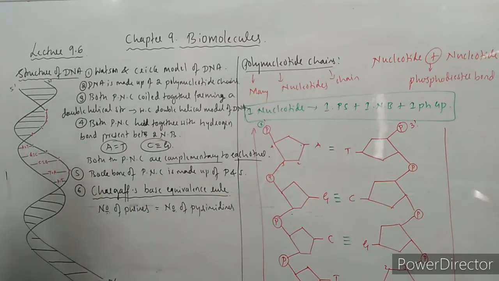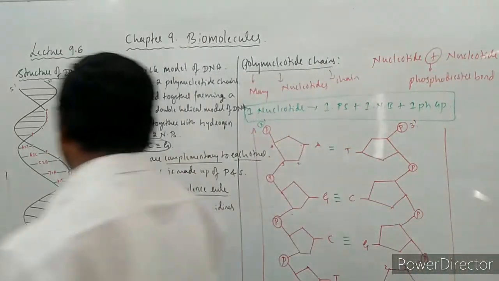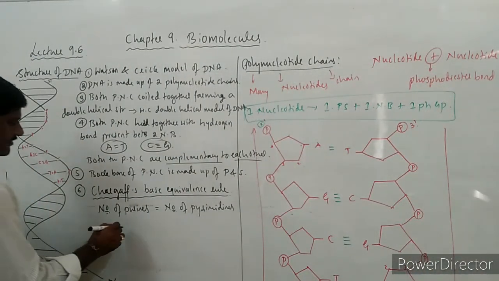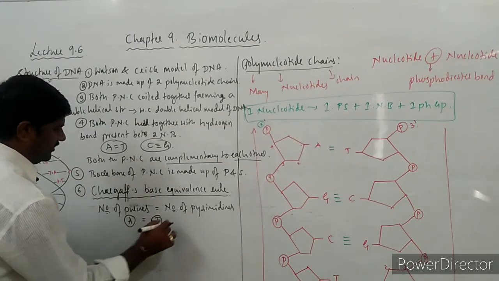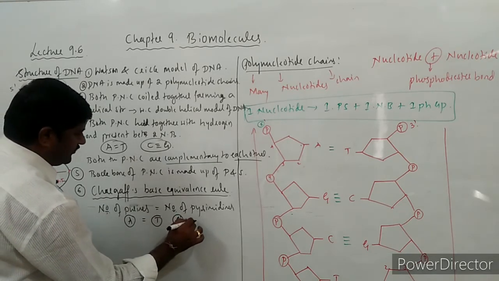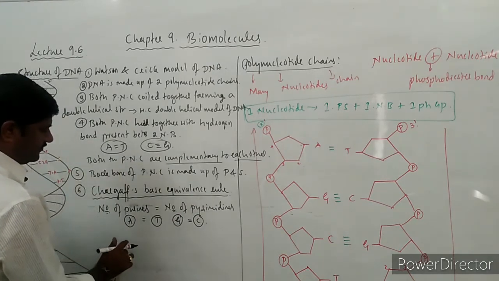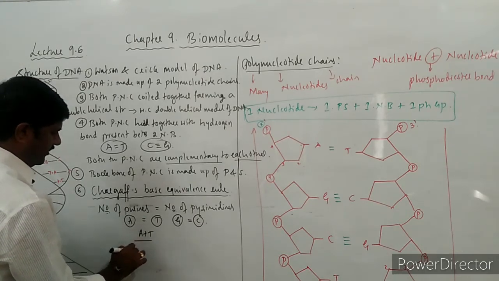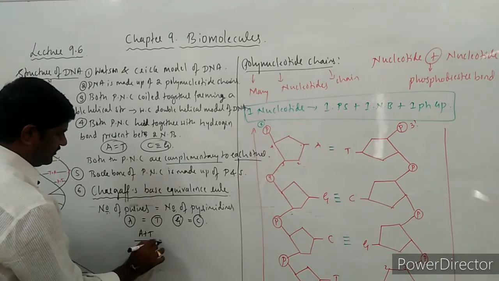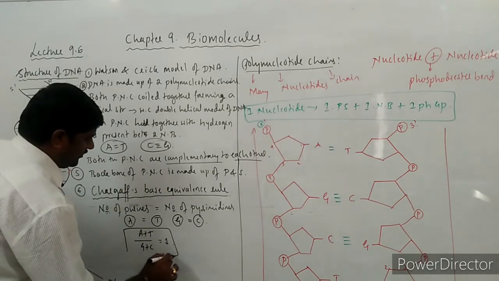This is the fact he stated. It means the number of A's is always equivalent to the number of T's, and the number of G's is always equivalent to the number of C's. Along with this, he said A plus T divided by G plus C is always equivalent to 1.